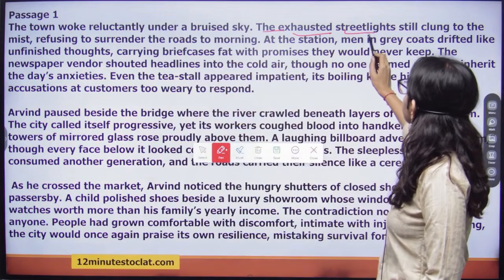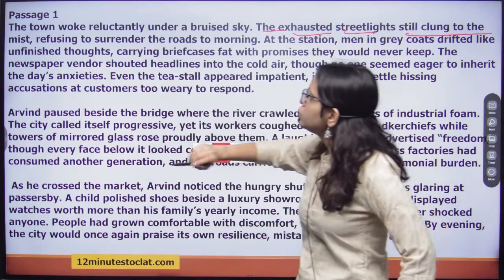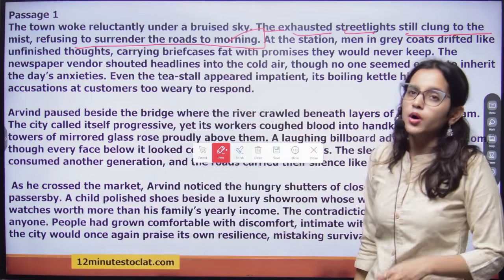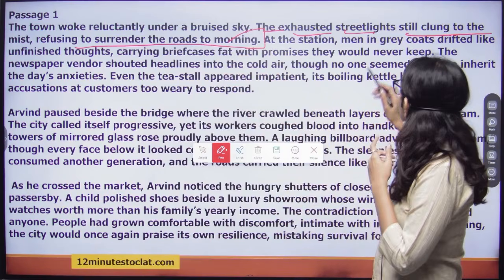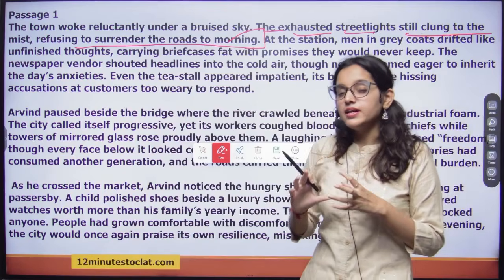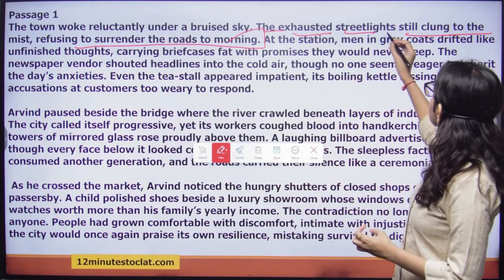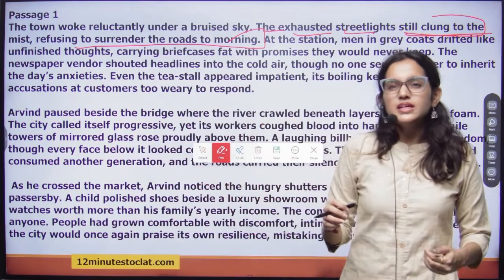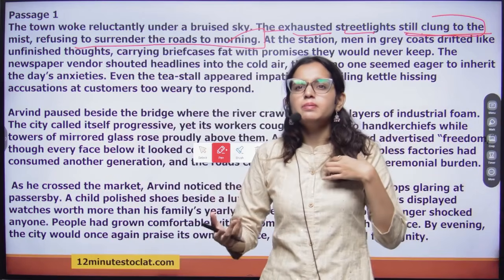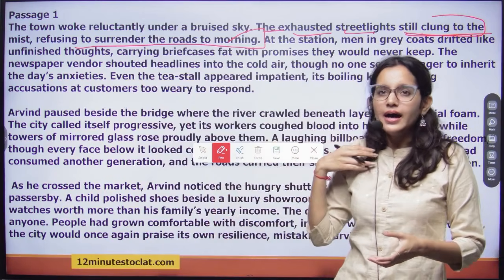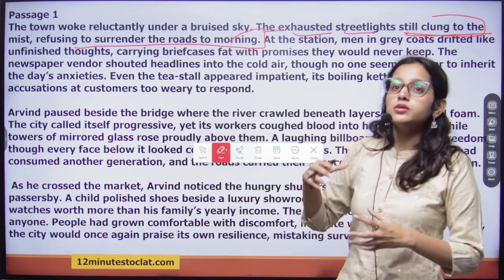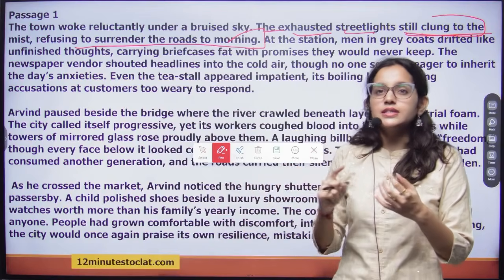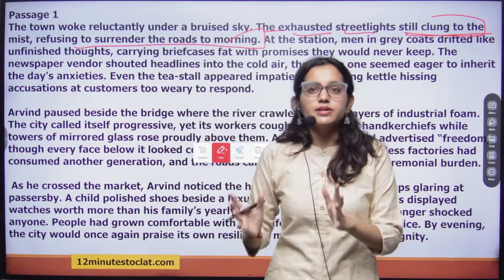The exhausted streetlights still clung to the mist, refusing to surrender the roads to morning. Now here, when I say the streetlights still clung to the mist, I'm not representing emotions of the people living in the town. No, I am giving human attributes to the streetlight itself.